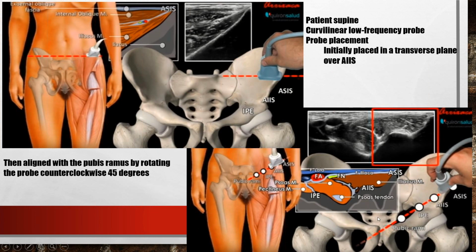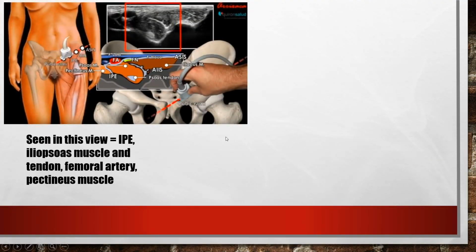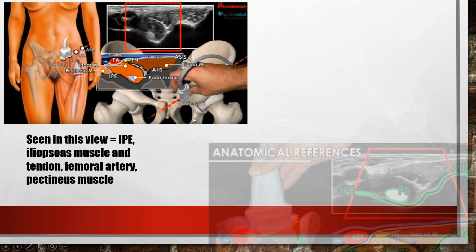From this position, slide the probe medially towards the pubic ramus, at this imaginary line.